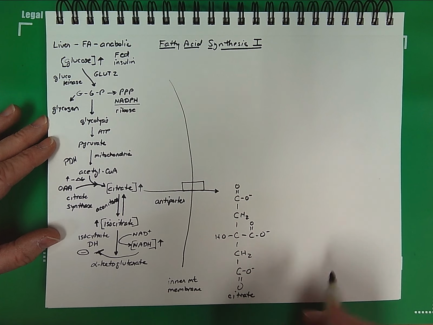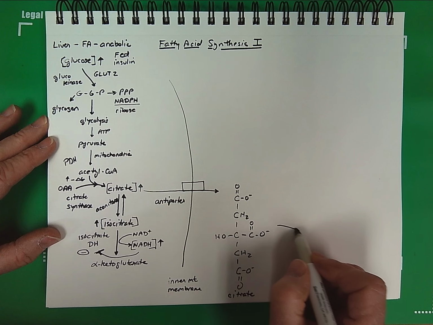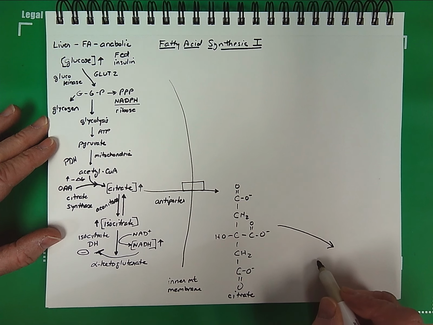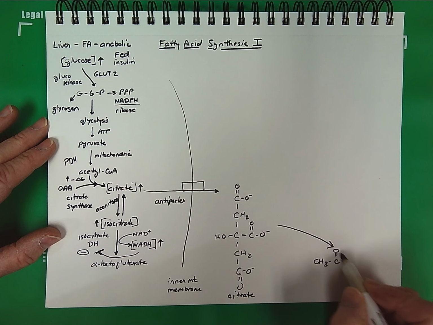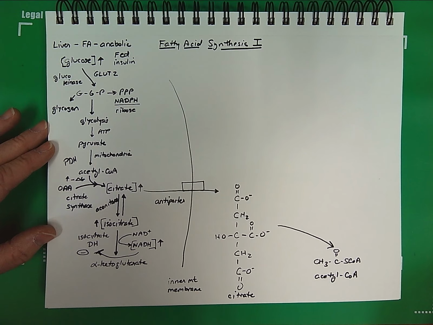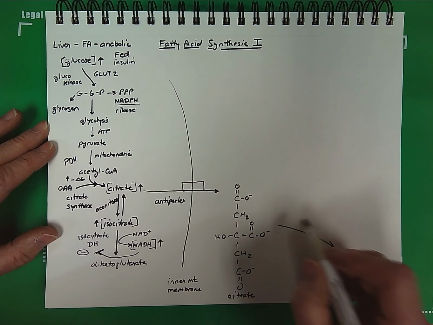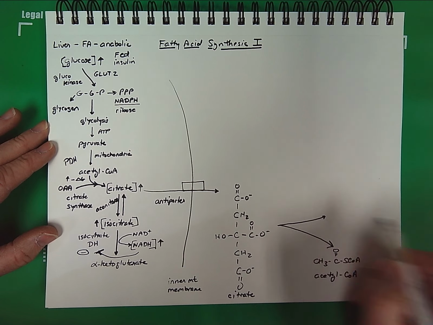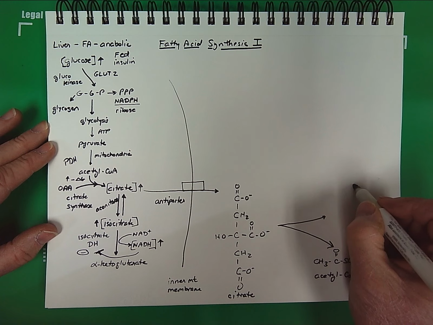Now the next reaction we are going to perform is to generate acetyl-CoA in the cytoplasm, and we are going to generate oxaloacetate.